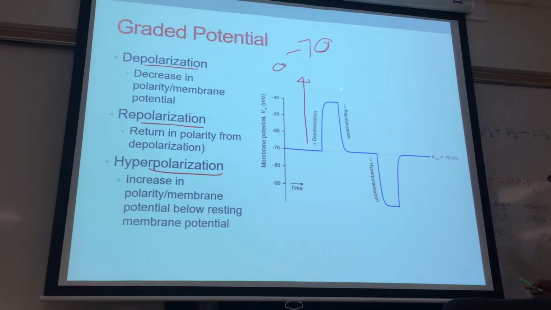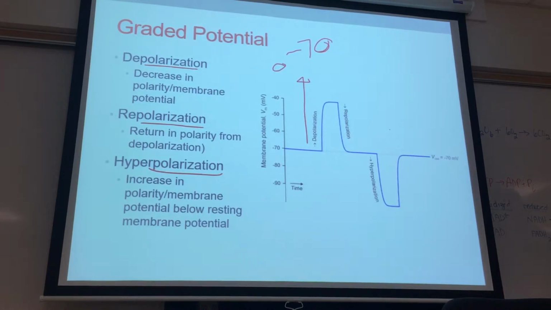Repolarization is heading back, reestablishing that negative membrane potential, up until the point that we get to the resting membrane potential. Repolarization is all the way from out here, back down to negative 70.